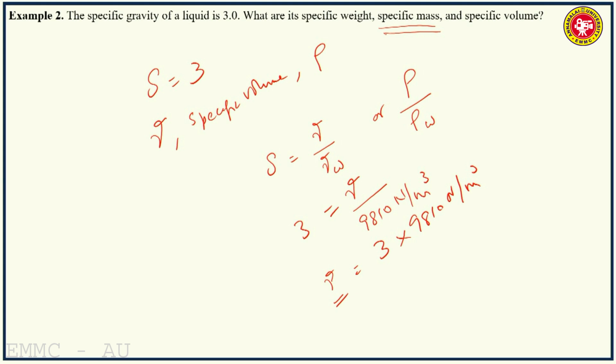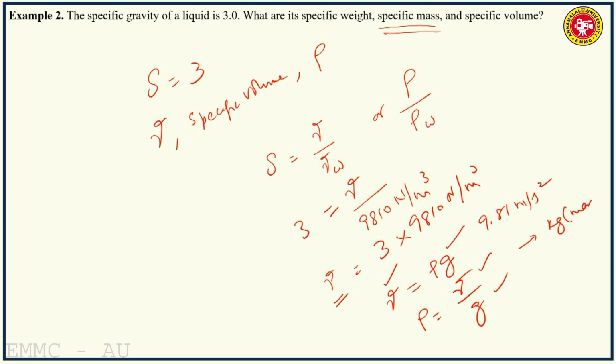Now once you get the specific weight, we can find out the specific mass. So using the relationship between the specific weight and mass density, gamma is equal to rho G. So gamma is known. G, let us assume it as 9.81 meter per second square. So therefore rho is equal to gamma by G. So this will be in kilogram mass per meter cube.